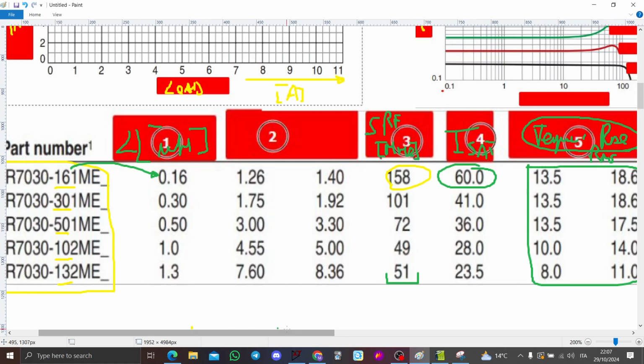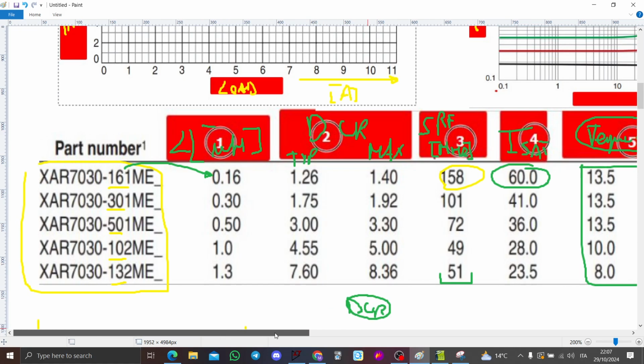And so the only parameters left are the DCR, the series resistor. Okay, this is probably the DCR typical, yes, this is the DCR typical, and this is DCR maximum. Yes, now I think that everything is in order.